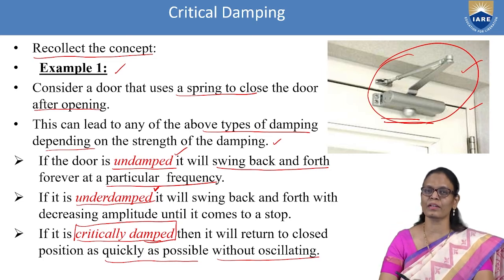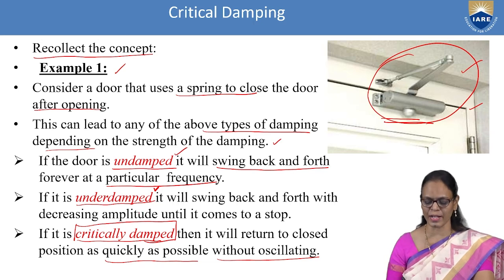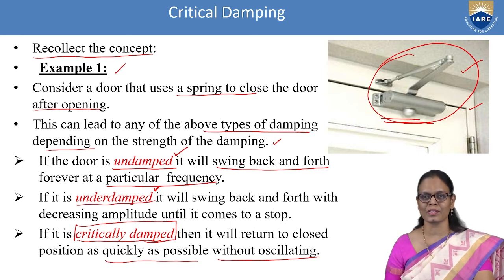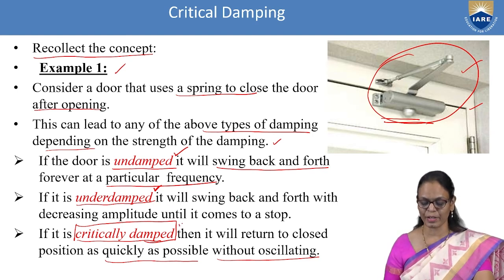That is what we are going to see in the application here for a door. We are also understanding all the different cases. Undamped is not required because it will keep on oscillating. Underdamping, it will oscillate and then come to rest, not required. But in critical damping, it will come to rest in the least possible time.